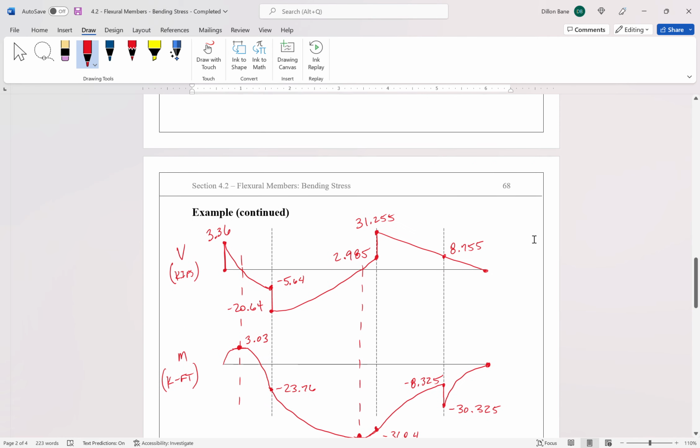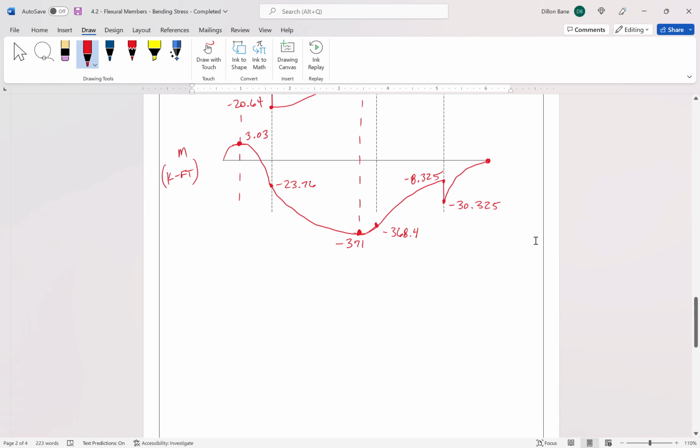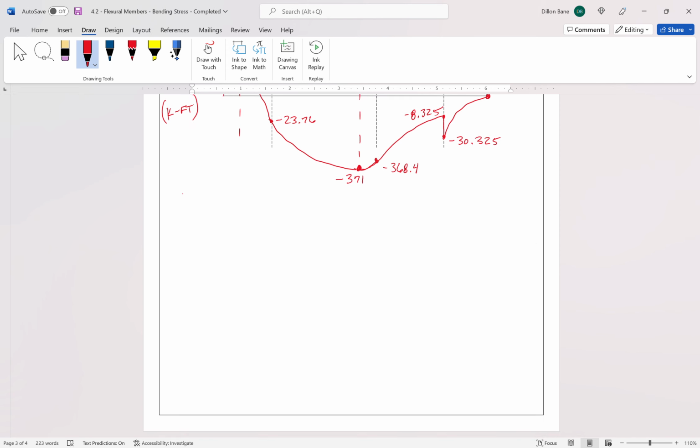So sigma equals negative MC over I. Like we just said, the moment and the C variable, the distance from the neutral axis, both of those variables could be negative.